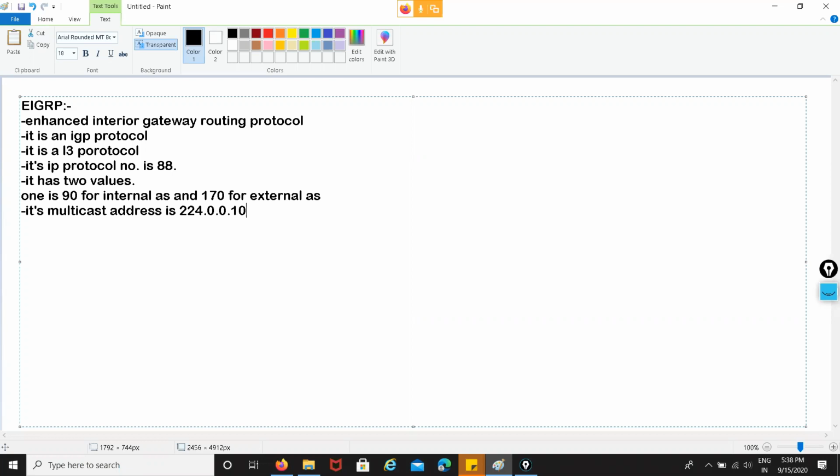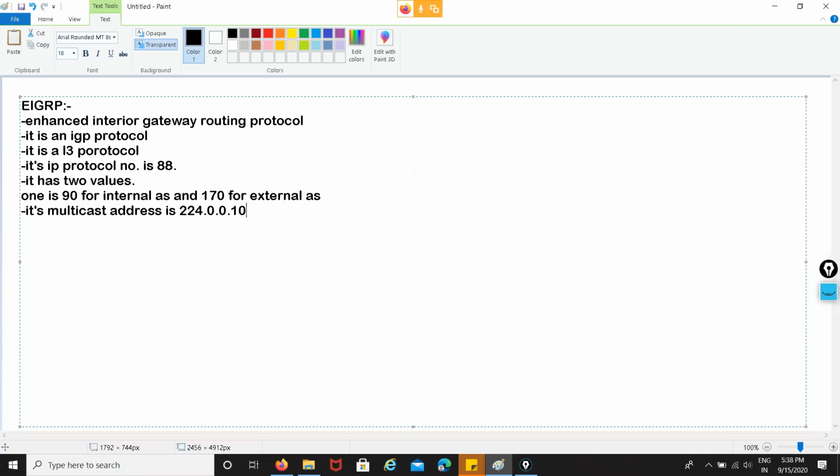EIGRP uses both concepts simultaneously to find the best way from source to destination and to negotiate the information. It is also a layer 3 protocol, which means it executes all its behavior in the network layer, where the IP protocol number is 88.